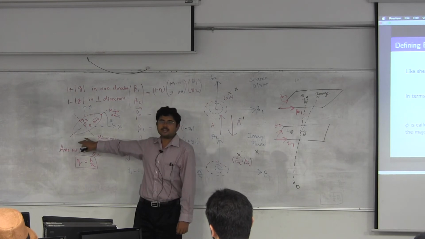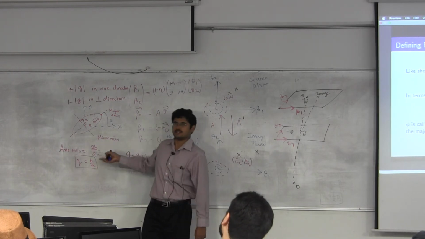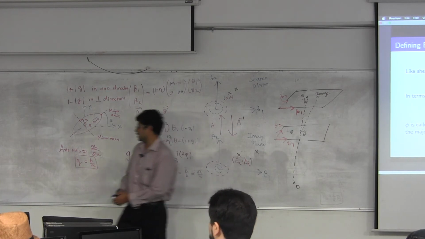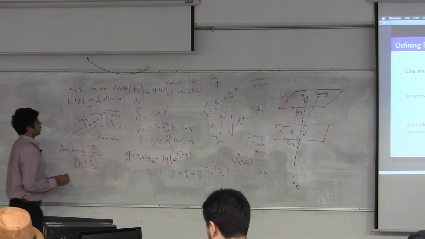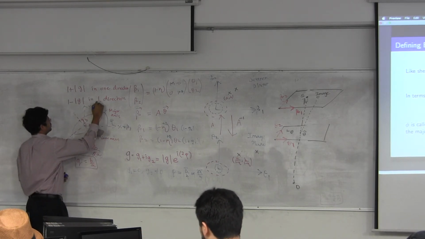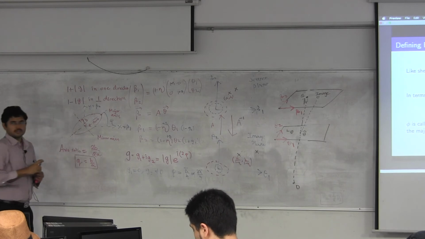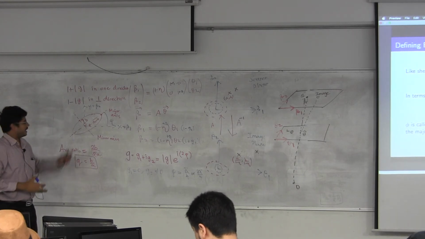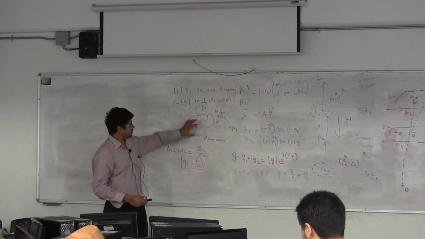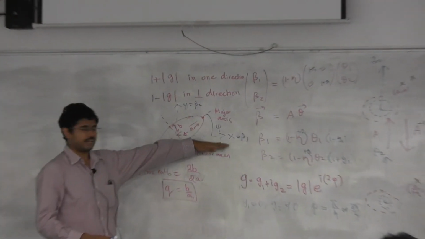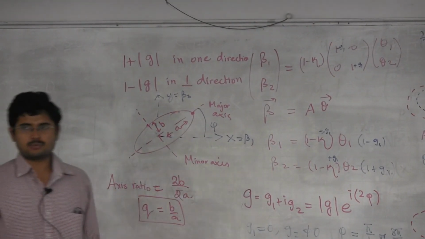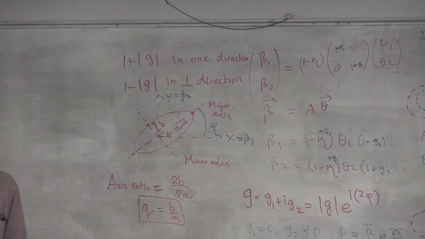Since I'm also talking about the intrinsic ellipticities, you can assume I'm talking about the beta coordinate system, so this is beta 1 and this is beta 2. But you can define ellipticity for an ellipse even in non-gravitational lensing contexts. If you have a generic x-axis, y-axis, and you have an ellipse, this is one way of defining the ellipticity of an ellipse.